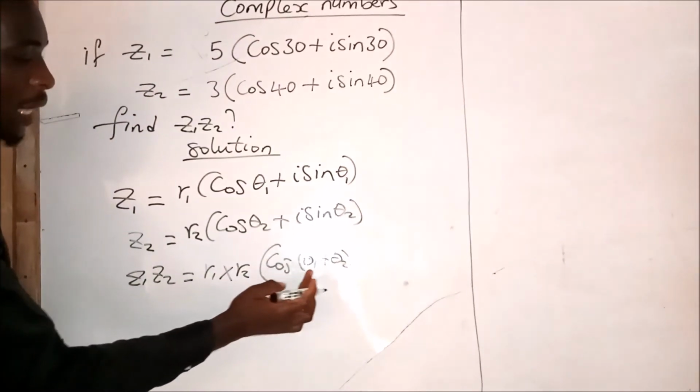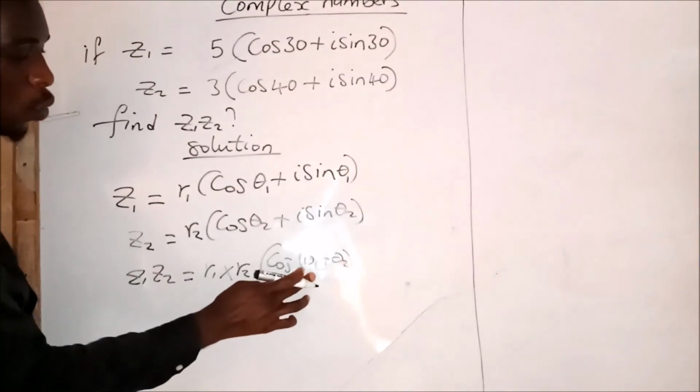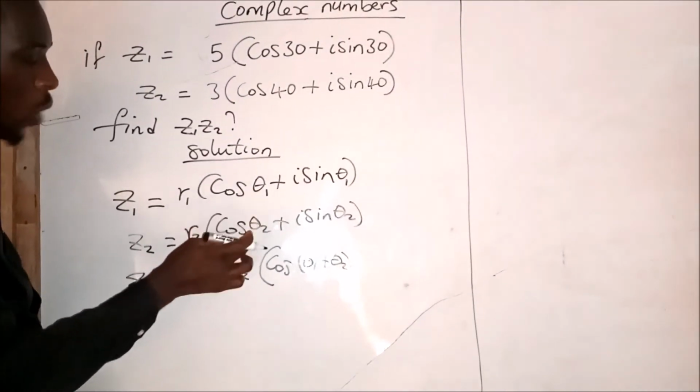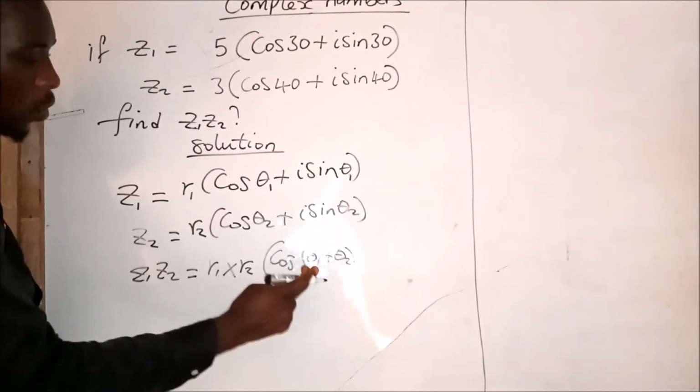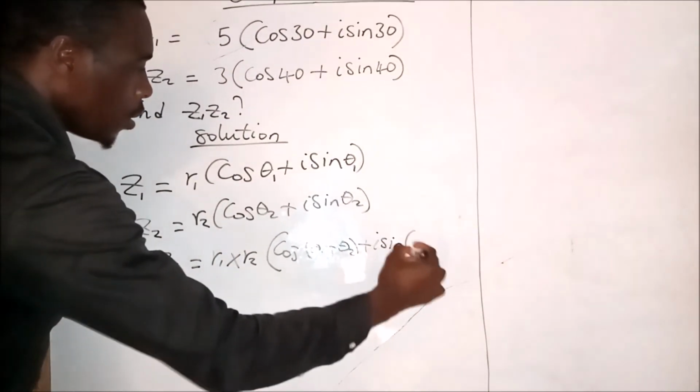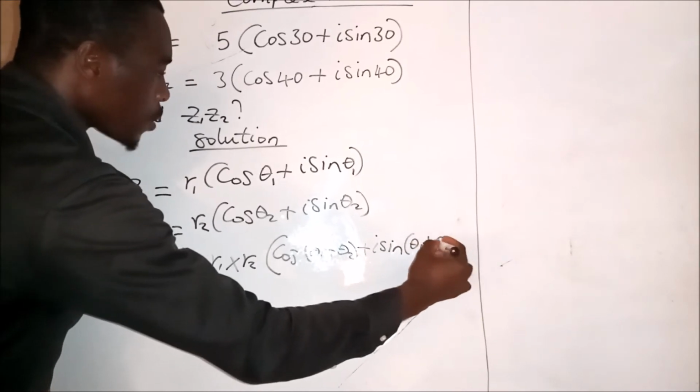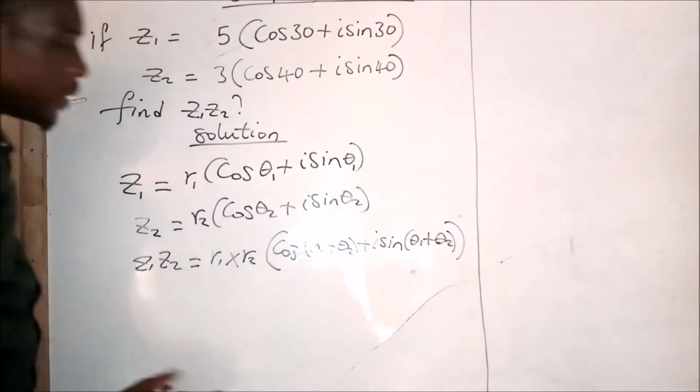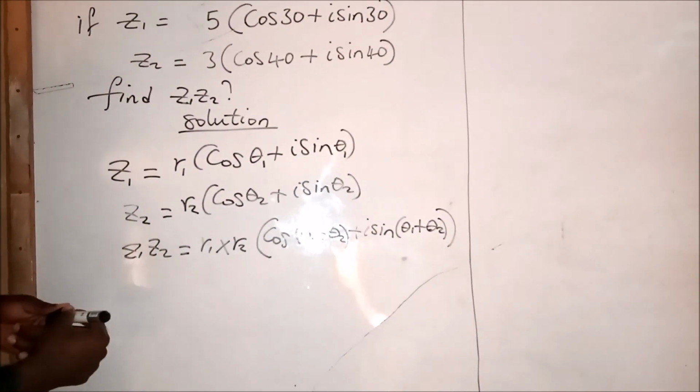Now the angle, that is the argument here, will be the sum of these two arguments. So theta 1 added to theta 2, plus i sin of theta 1 plus theta 2. Now this is how our product is going to look like.